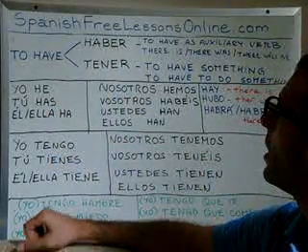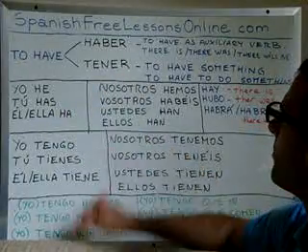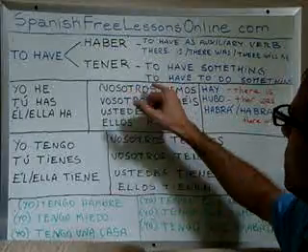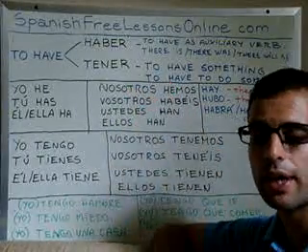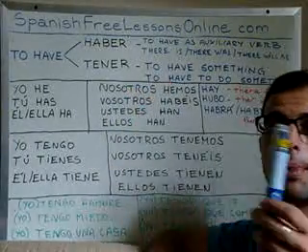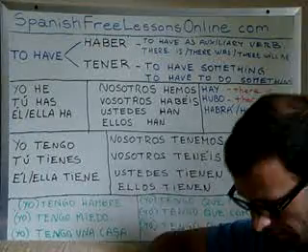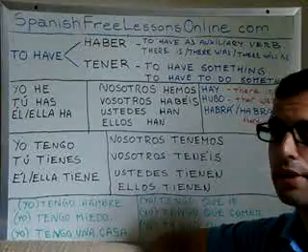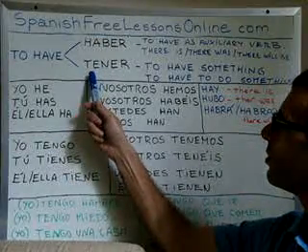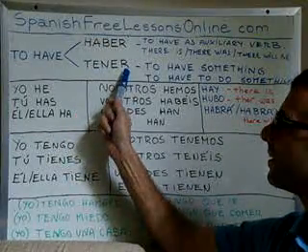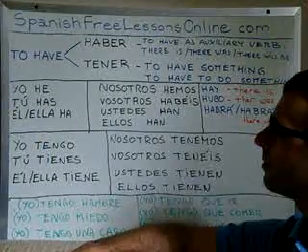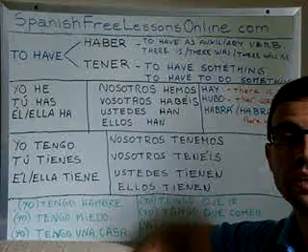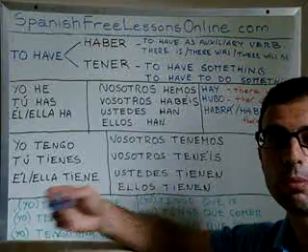And now the verb tener. In English, when we say that we have something, I have a pen. I have a blue shirt. There, that corresponds to the verb tener in Spanish, right? Also, when we say in English, we have to do something.